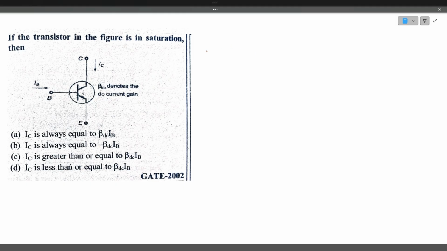For the transistor to be in saturation, we have already discussed this concept in the previous videos many times. To be in saturation mode, the expected value of collector current must be greater than or equal to the collector saturation current.